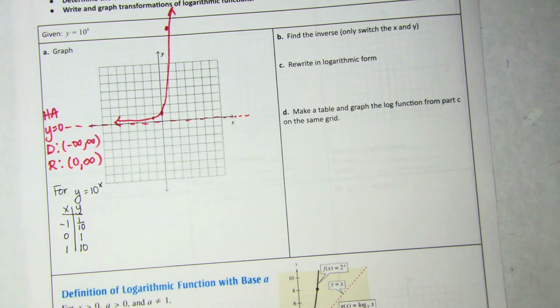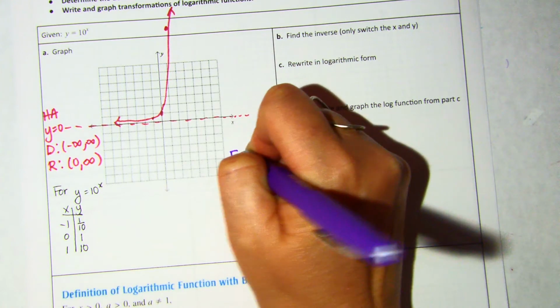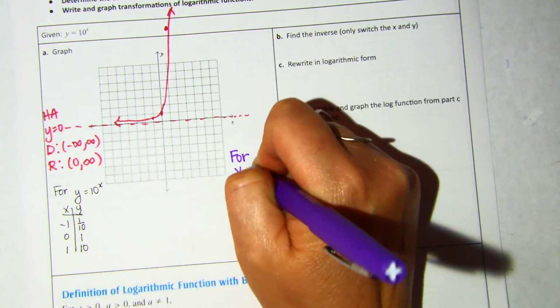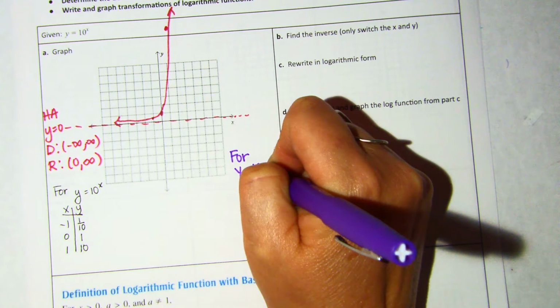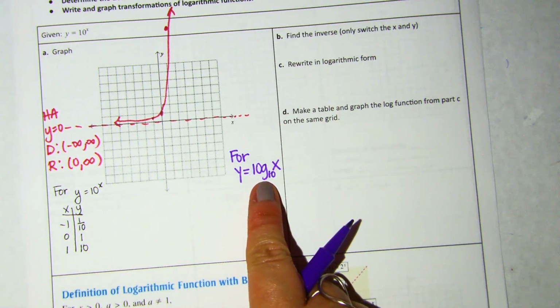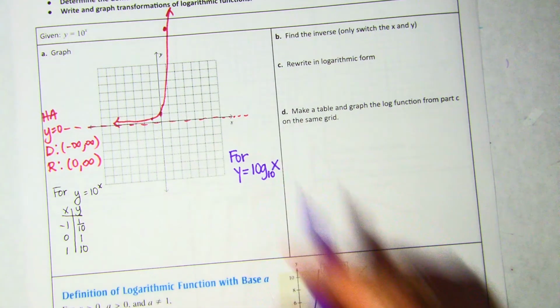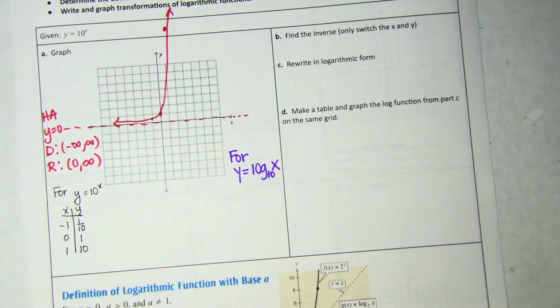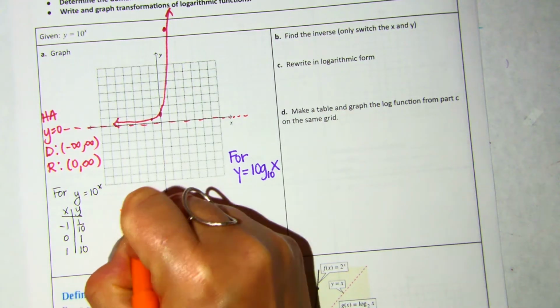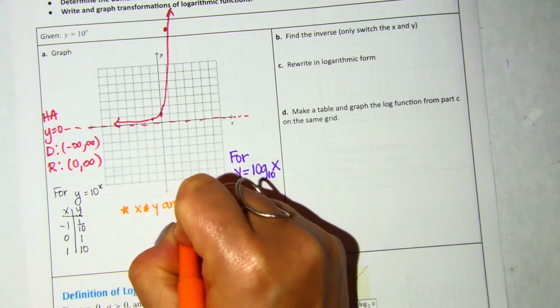Now, to do a log function, let me rewrite it here. You already did a little bit the other day in the notes on this. So this is logarithmic form, and this is exponential form, right? The main idea with these is that the x and y are flipped.